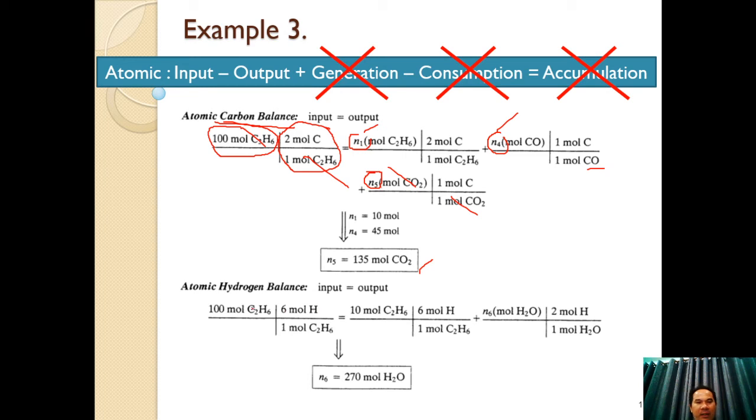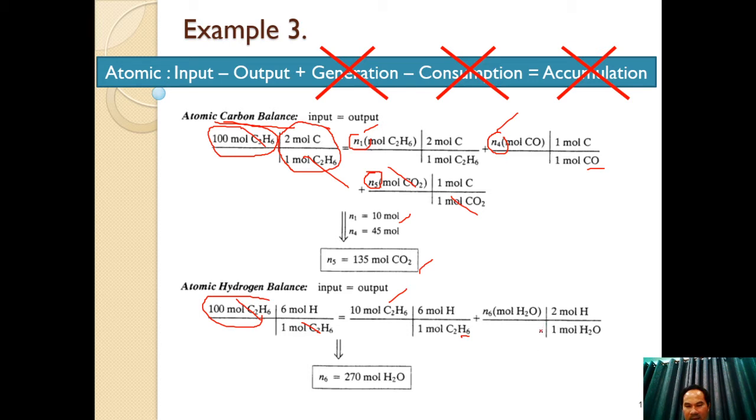And for this case, we feed 100 mole ethane and then mole hydrogen. The output we have two terms. The output of hydrogen with ethane: 1 mole ethane includes 6 mole of atomic hydrogen. And for this case, the output of ethane is N1. N1 equals N1. That's right.